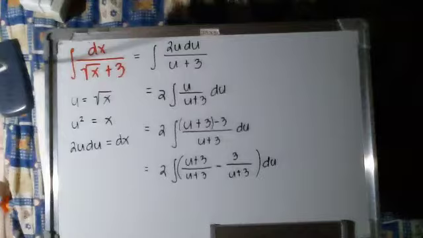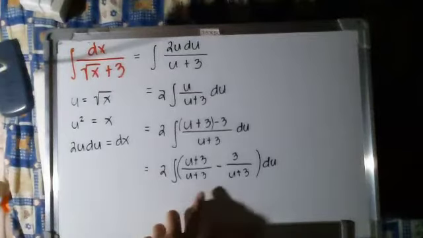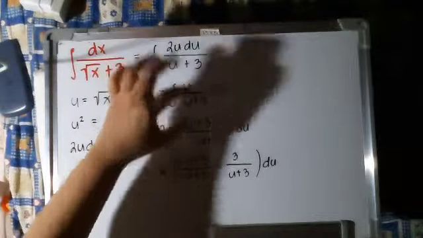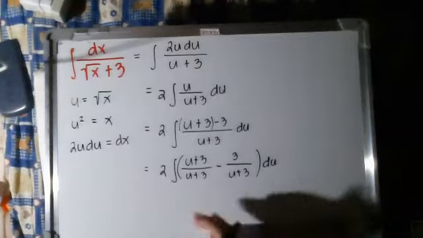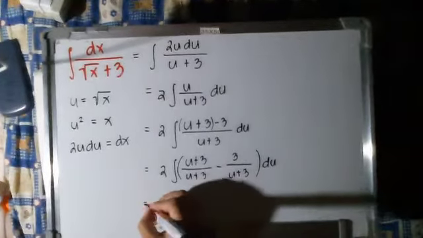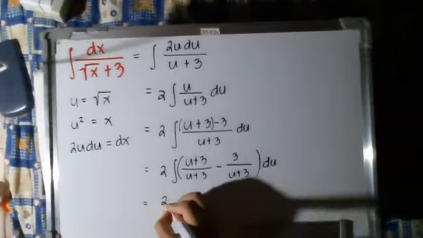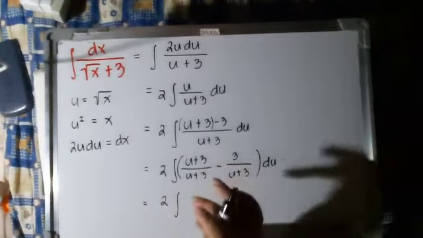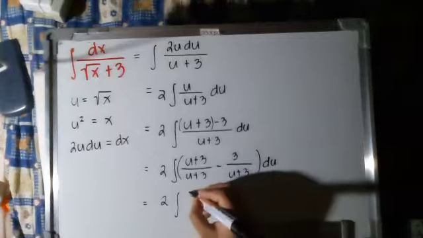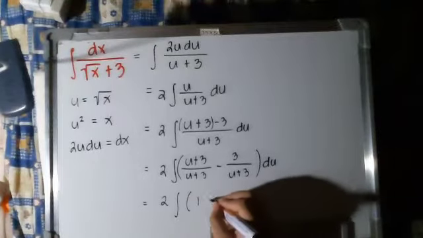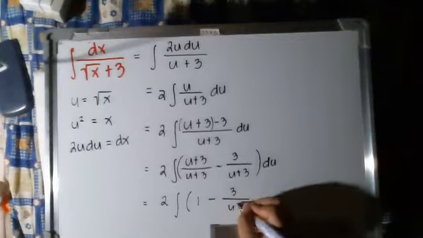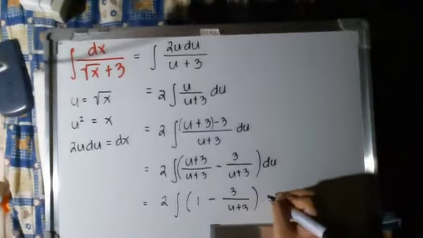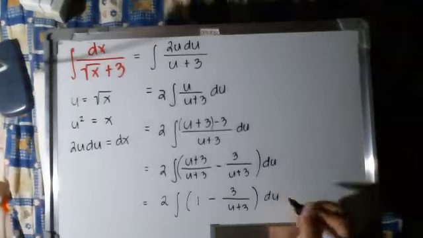Kailangan natin siyang i-extract. Tsaka pag sinimplify mo naman 'to, babalik ka lang naman dito. In-extract lang natin ulit. Next, simplify natin 'yung nasa loob. So, this will be equal to 2 integral of u plus 3 over u plus 3. That will be 1 minus 3 over u plus 3 quantity du.